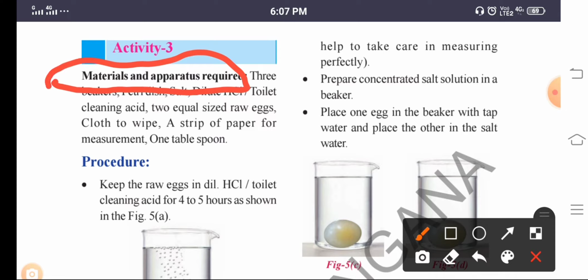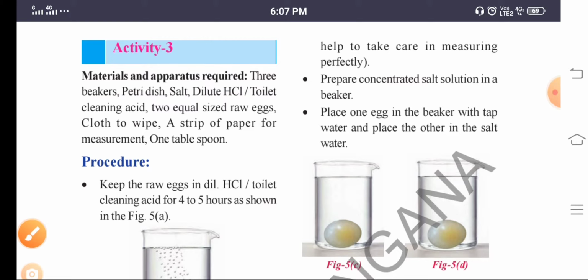We need 3 beakers, petri dish, salt, dilute HCl or toilet cleaning acid, 2 equal sized raw eggs, cloth to wipe, a strip of paper for measurement, and 1 tablespoon. So these are the materials we need to conduct the experiment.